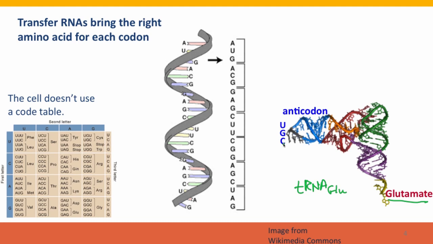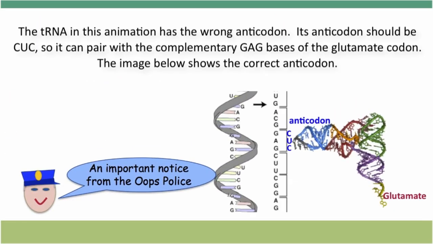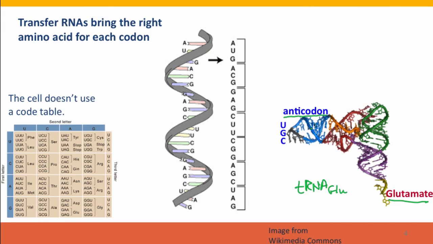The key feature of this structure, apart from its particular amino acid, is the presence of a set of 3 unpaired bases called the anticodon, which are complementary to the codon for methionine.